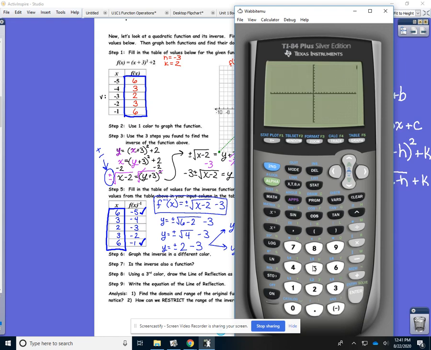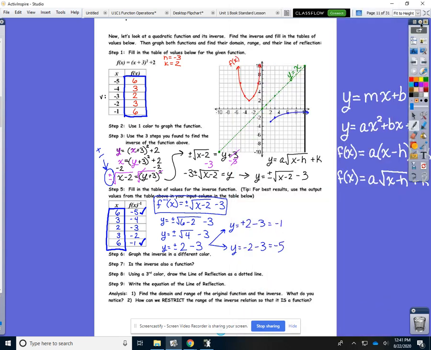So if you hit zoom 5, it will make it so the intervals look the same on the x and y axis. And still, if something's reflecting over this line, it should look the same as it did before, right? A reflection over that line shouldn't look different.